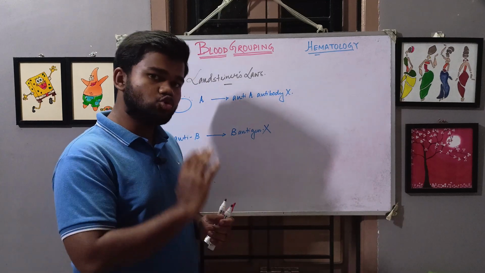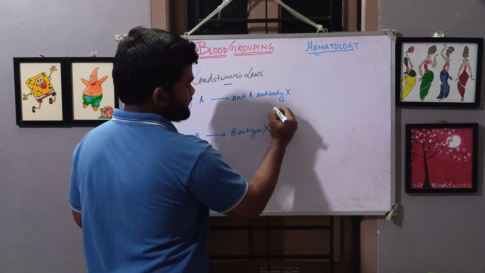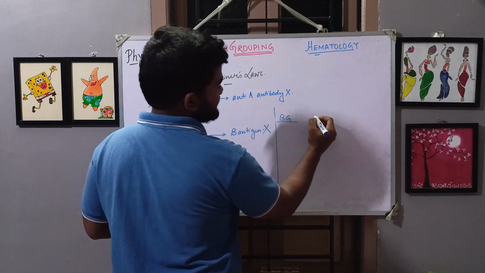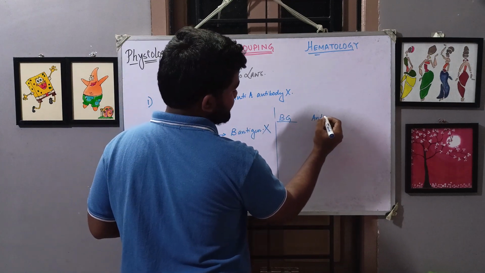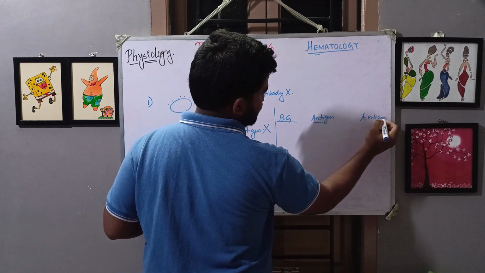Now let us do the ABO blood grouping. Let us make columns for the blood group, the antigen present, and the antibody present in the plasma.